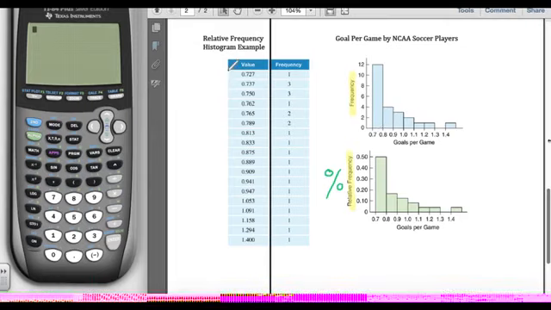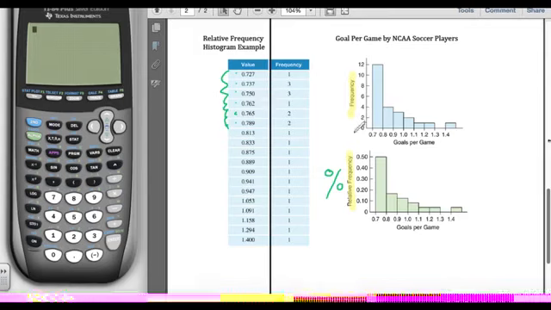So if I look along the left-hand side, these values, these 1, 2, 3, 4, 5, 6 values, these are all in between 0.7 and 0.8. Note that this goes up to 12 and not 6 because there are a total of 12 players along this side.